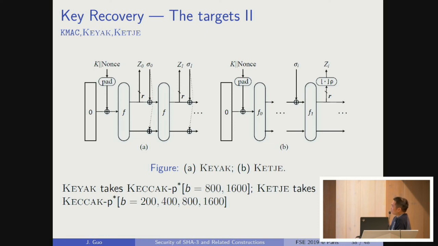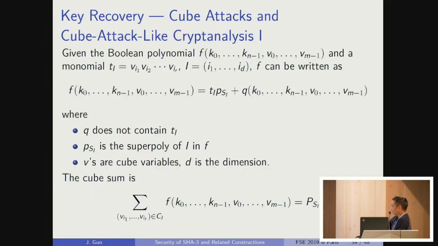From the attacker's point of view, after processing the key and after the application of the permutation, the entire state becomes unknown to the attacker. So this is the difficult part.